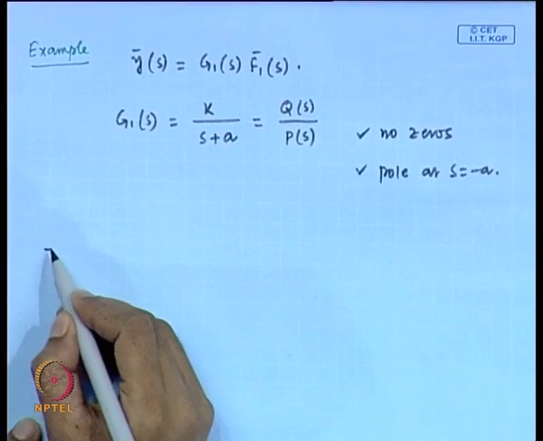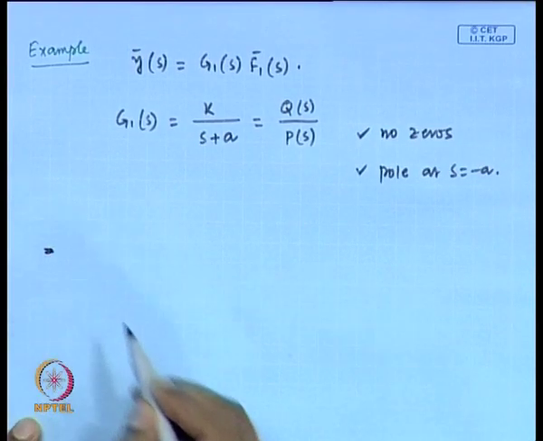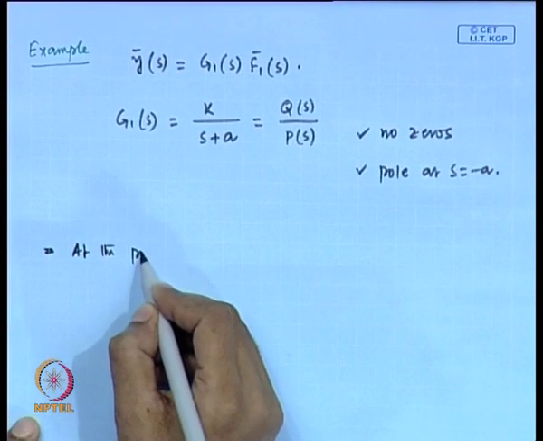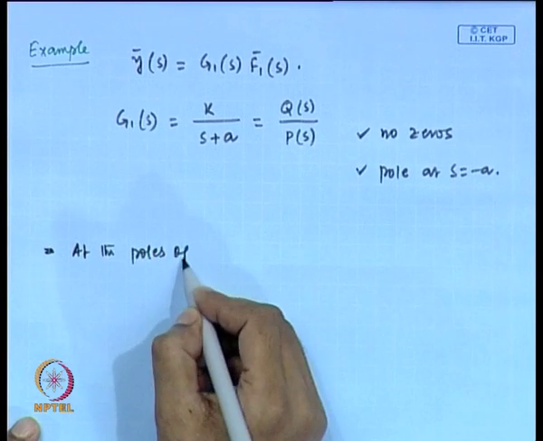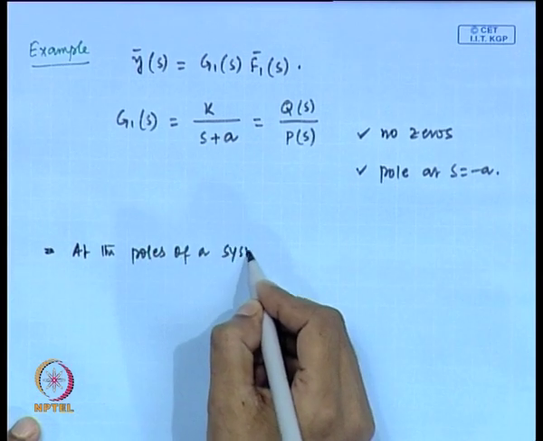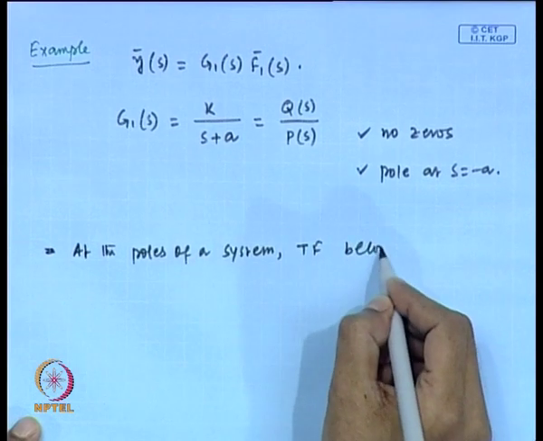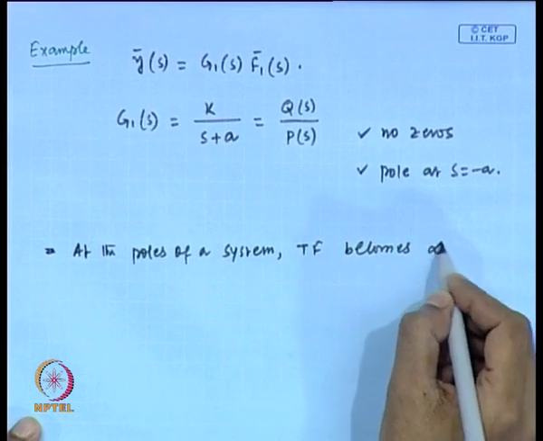Now, one point I want to mention, that is, at the poles of a system, the transfer function becomes what? At the poles of a system, transfer function becomes infinity.